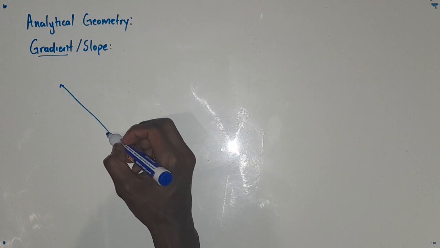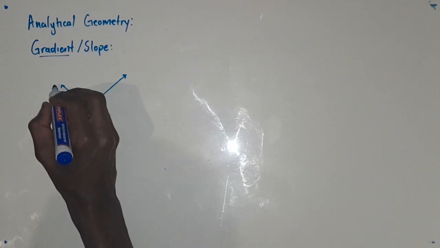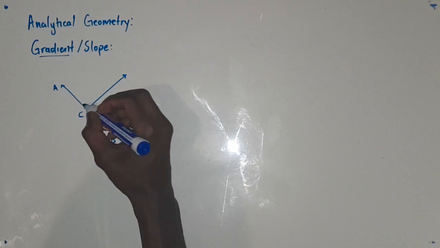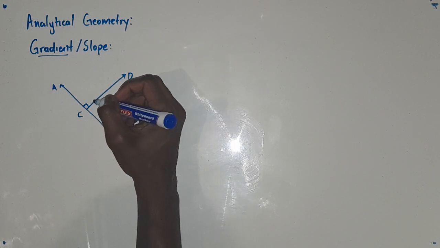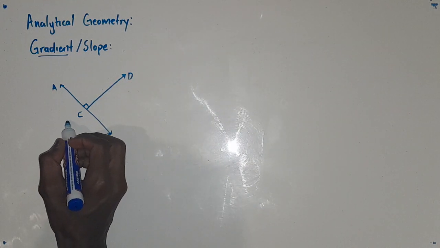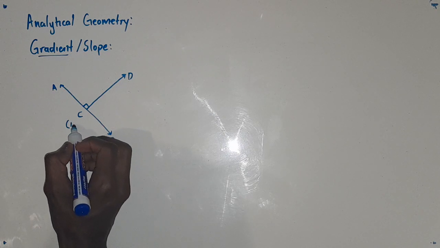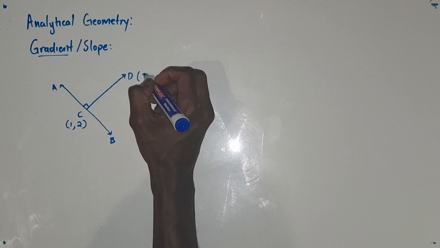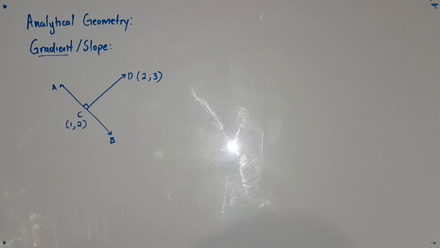Let's say this is our diagram A, B, C, D. Given that these two lines are perpendicular, they also give us the coordinates of C, which is, let's say, 1 is to 2, and D to be 2 is to 3, like this.